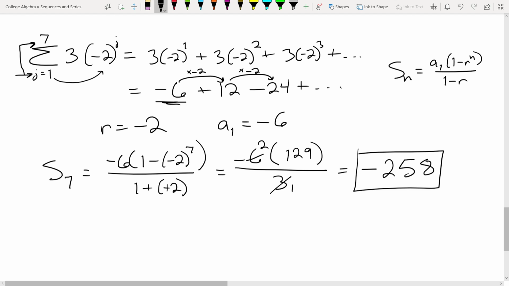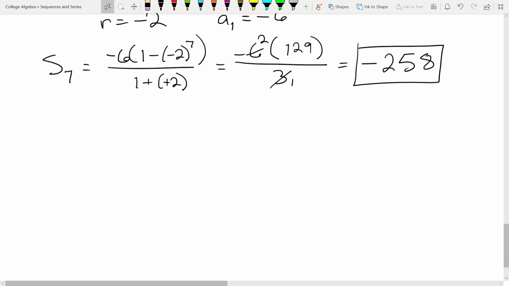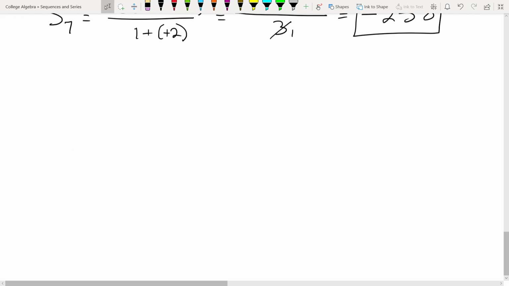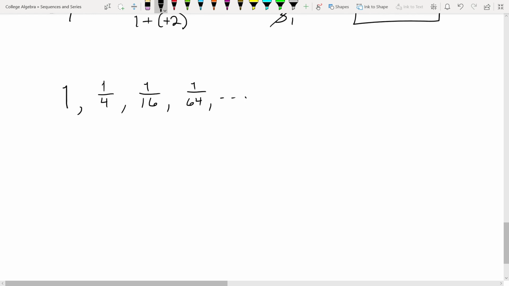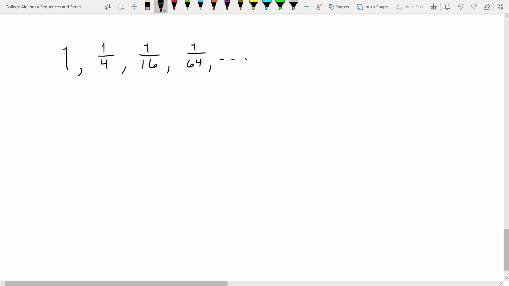Now, geometric sequences are unique from arithmetic sequences, and I'll show you why. Let's look at this geometric sequence here: 1, 1/4, 1/16, 1/64, and so on. So how are we going from the first term to the next one? We're dividing by 4.